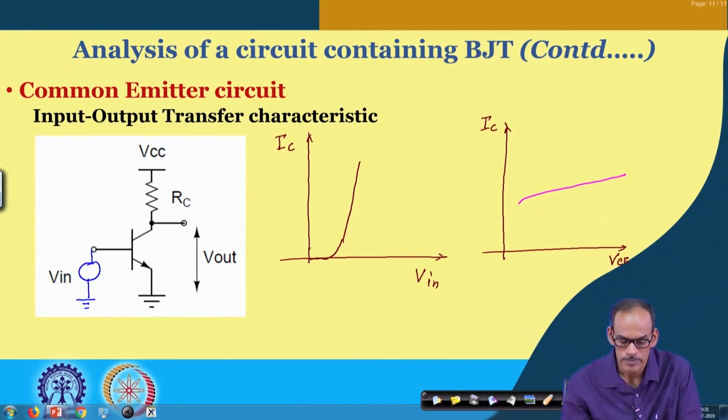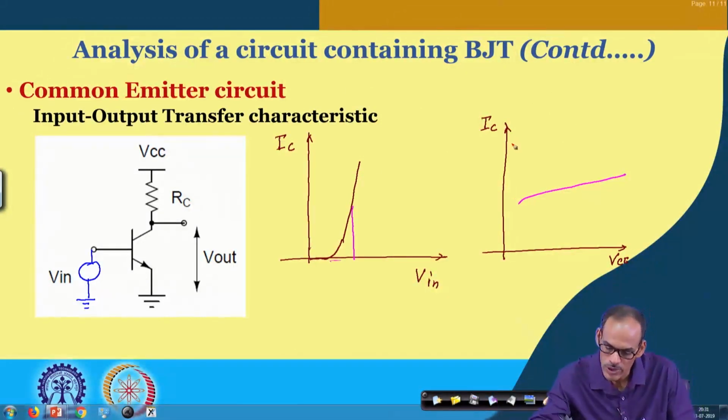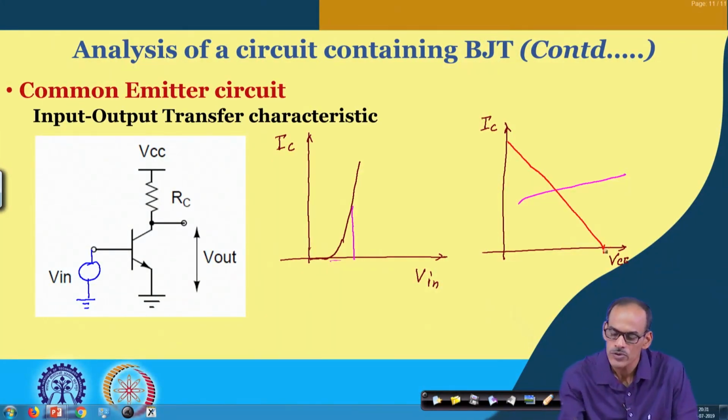And so, for different input, if I consider the corresponding output, of course, let me draw the load line. So, this load line, of course, its slope is 1 by Rc with a minus sign.